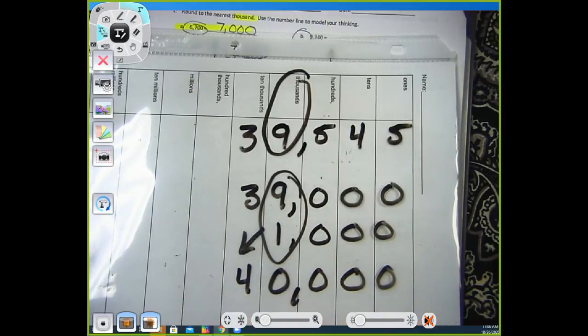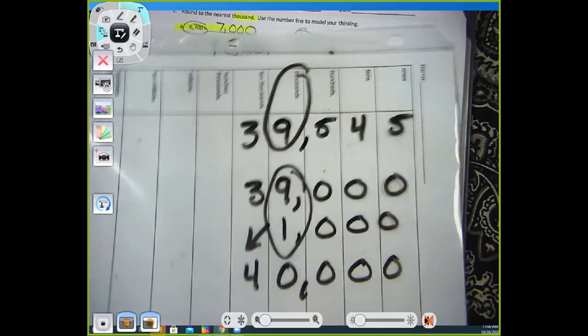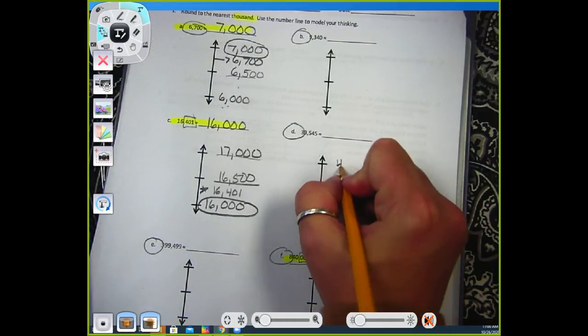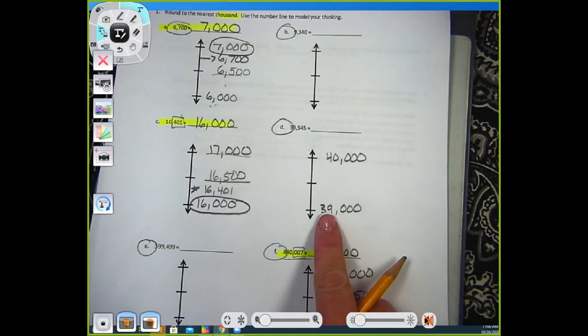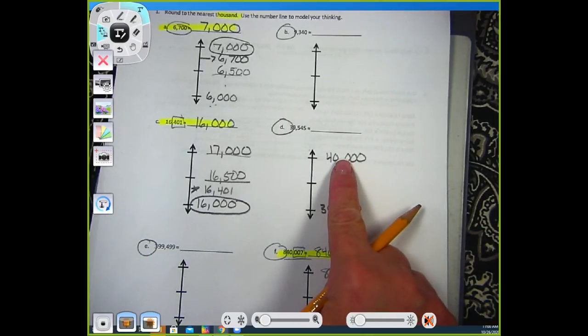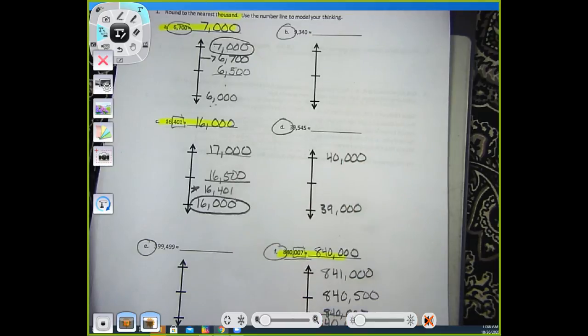And it had to move over. So my upper endpoint is 40,000. What's halfway between 39,000 and 40,000? Halfway in between, if I split it in half, what do we think?